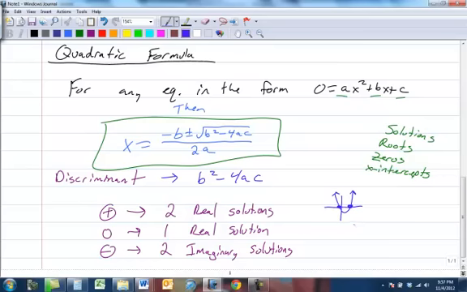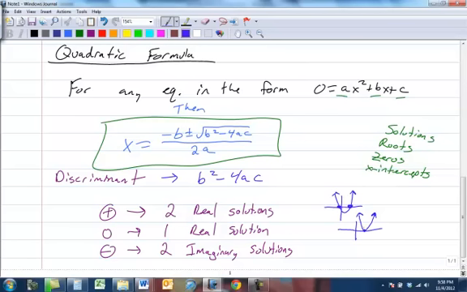If the discriminant is 0, what this graph is going to look like, and again, doesn't necessarily open up, it's going to have one x-intercept. It's going to cross the x-axis once. Or the parabola is going to be, what was that word in geometry? It means that it just touches it once.